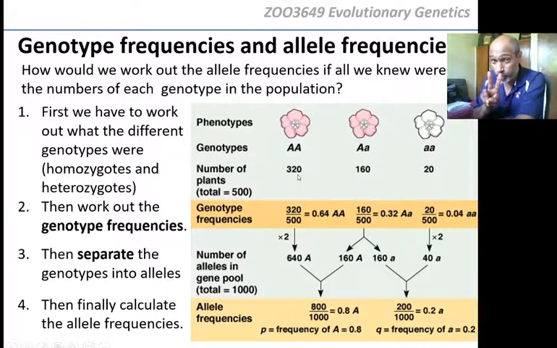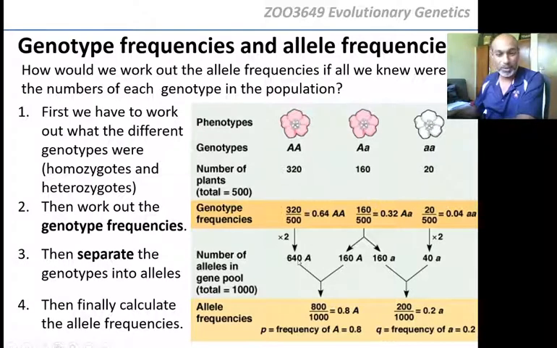Each one has 2 big A alleles, right? So that means it's 320 times 2 gives you 640. So these guys here have 640 copies of the big A allele, okay? Because there are 320 individuals, each one has 2 copies, so therefore we will have 640.